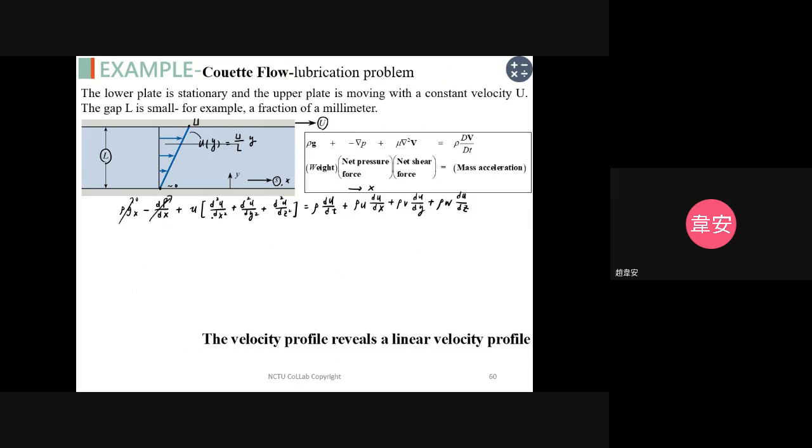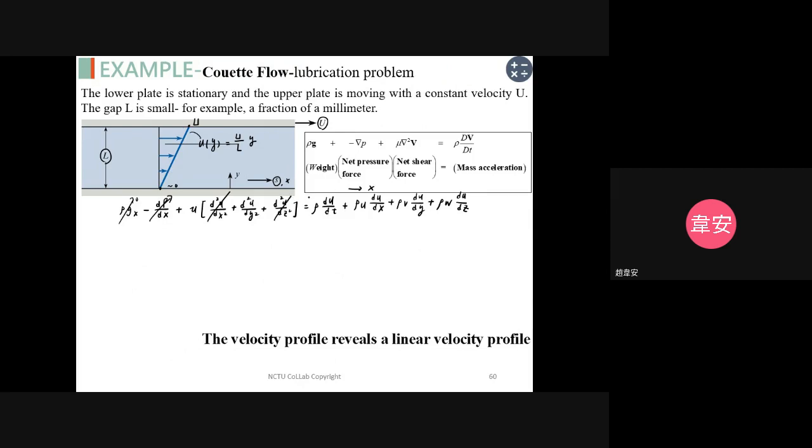Our fluid particle only has velocity along the x direction, and u is a function of y, so we don't have the first and third terms here.